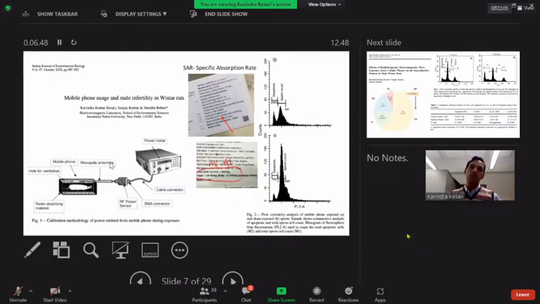Then when you go to buy a cell phone from the market, it is always recommended that you check the SAR value. SAR is the specific absorption rate, which is the amount of radiation that is being absorbed in your skin or in your body.